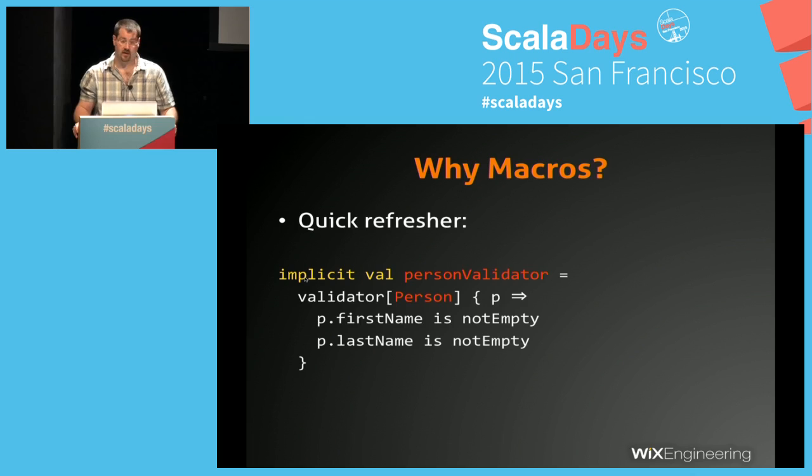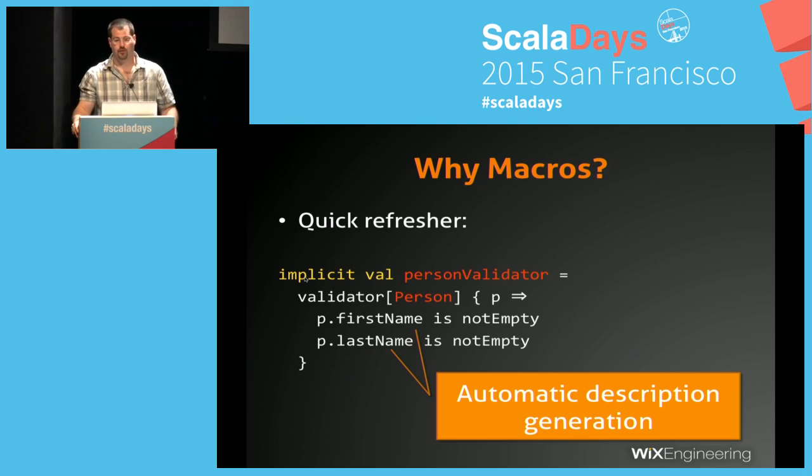So for instance, in this case, what we have is a definition of a validator over the type of person with a bunch of rules. And if you've paid attention, you can tell that there's two things that are not present in this type of code. The first thing is automatic description generation.